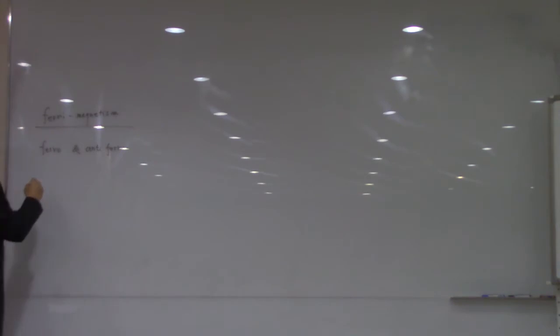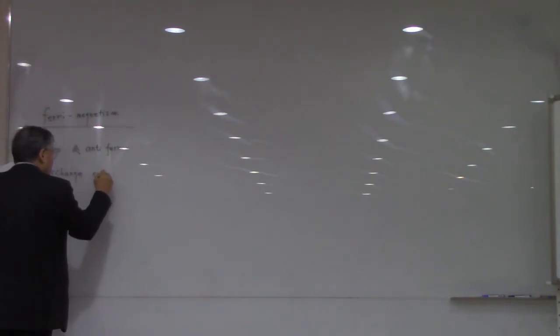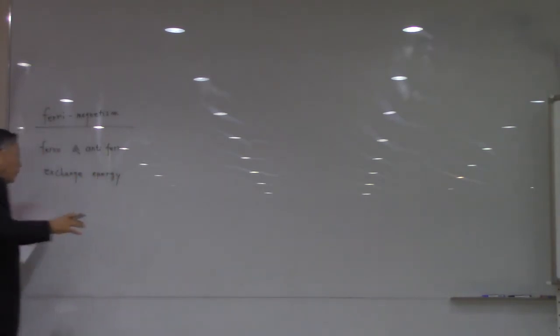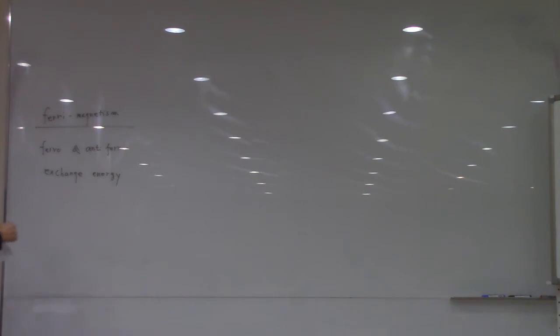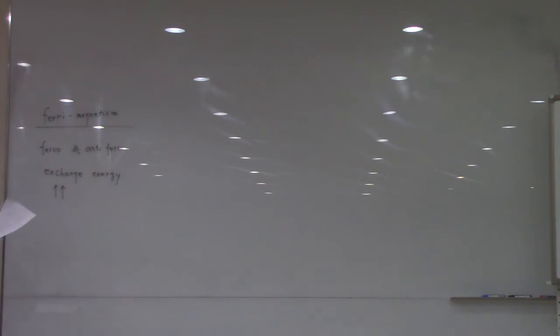In other words, the exchange energy of this system has two ways: the parallel and the anti-parallel, unpaired spin.